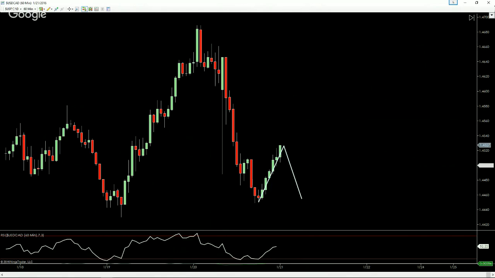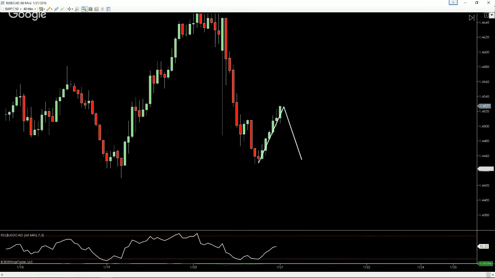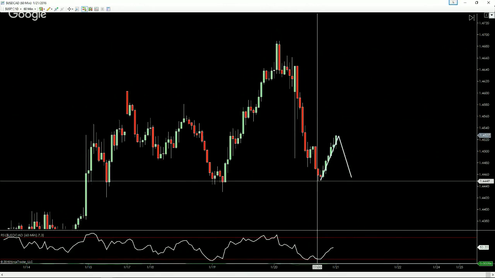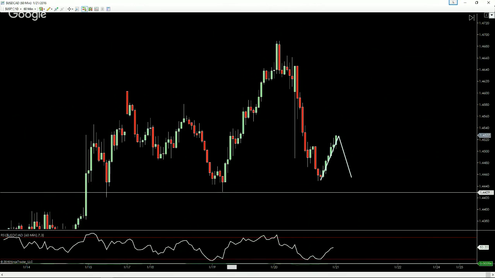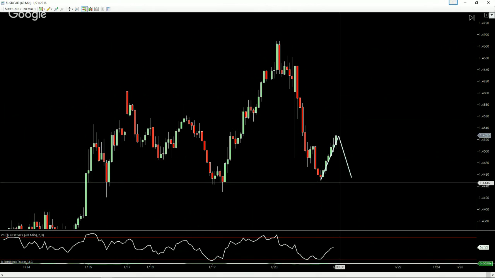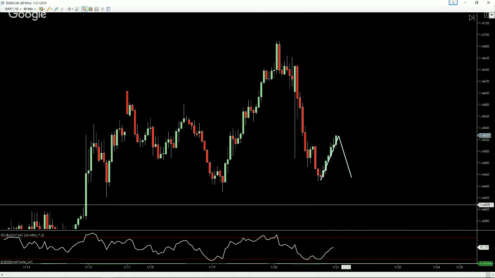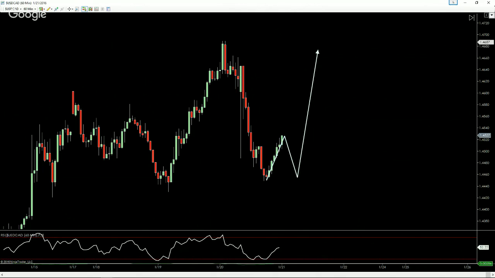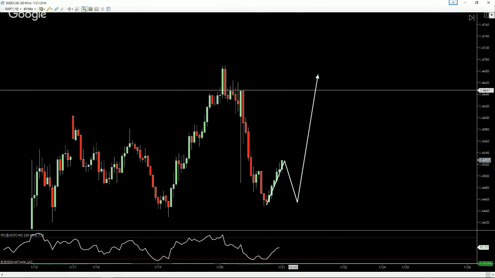If that happens, I will be able to find a way to get long, because my stops would just go below this low right here. That would be a pretty short stop and an opportunity to ride and come back up to this structure level and possibly get extended targets to a higher level, just trailing stops.